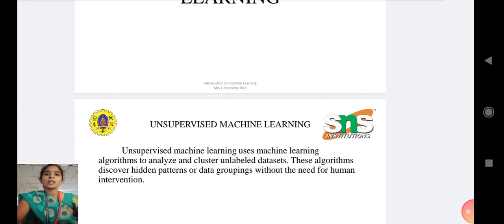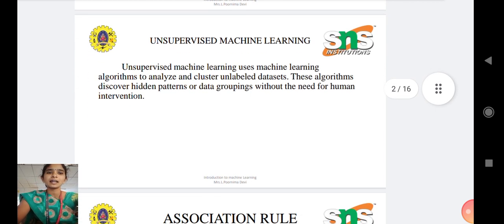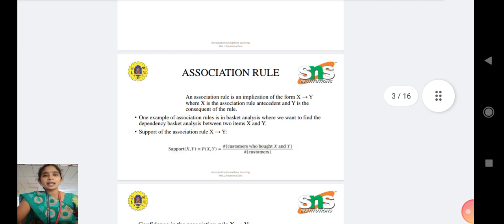The historical data is grouped by unsupervised machine learning algorithms such as association rules, a priori algorithm, and k-means clustering. These are all unsupervised machine learning algorithms used for clustering the data set.